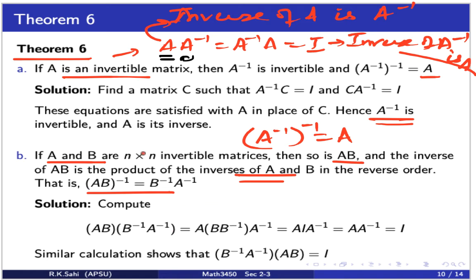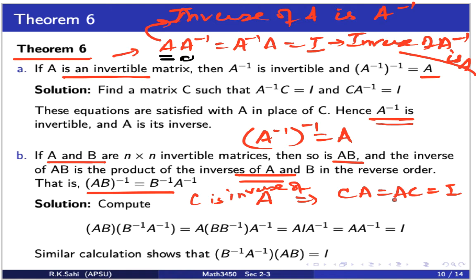In other words, if you have to prove something is the inverse, the classic thing we do is this. If I say C is the inverse of A, what does that mean? C times A equals A times C equals identity.